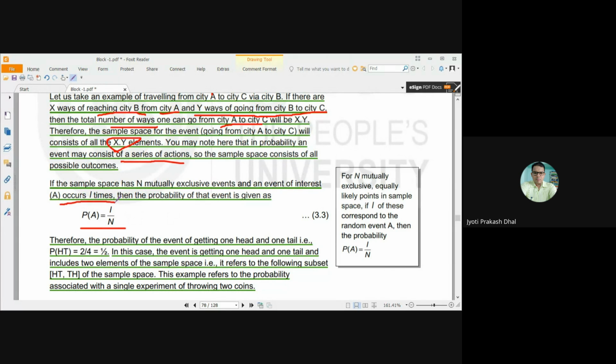So you will consider a particular event A that will occur I times, and the total number of events in the sample space will be n, then the probability of getting that particular event A, that is P(A), equals I divided by n.